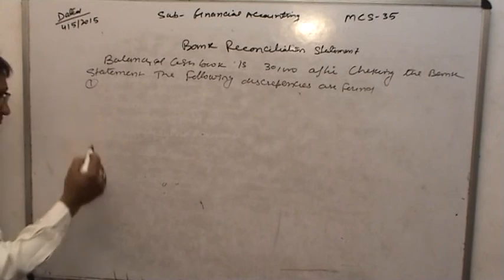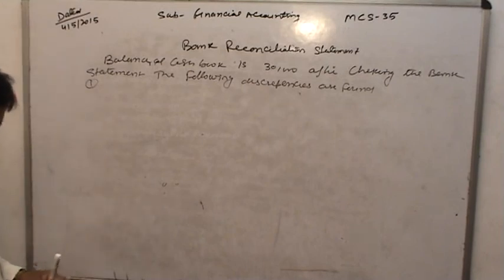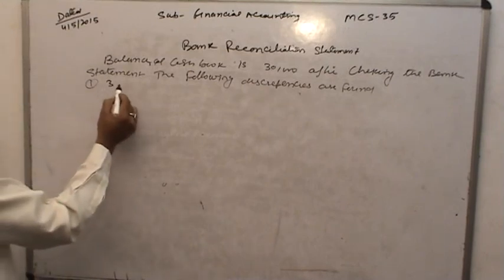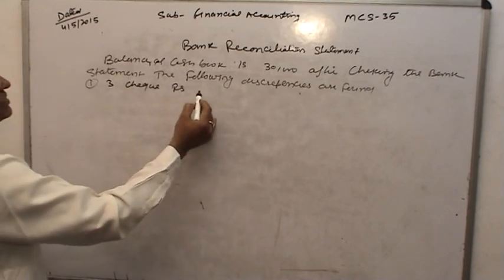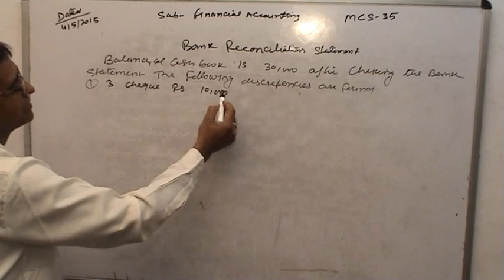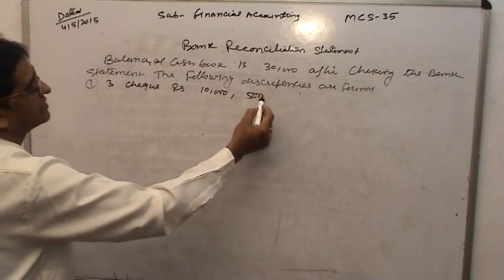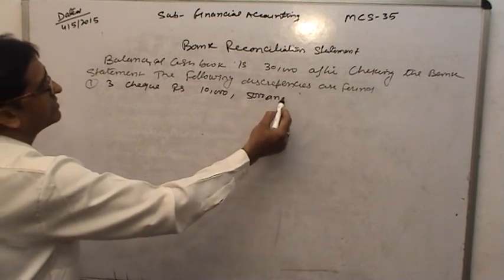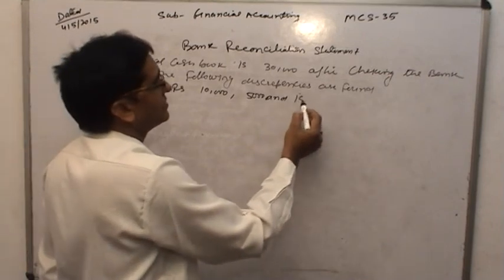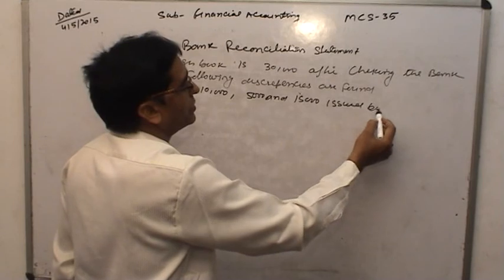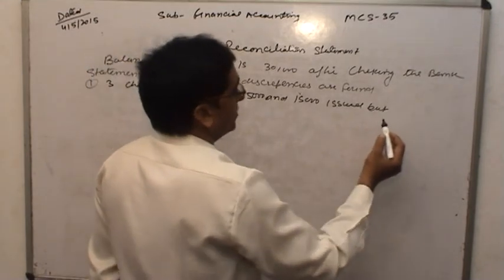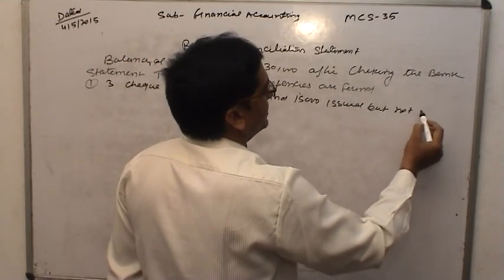Number one, 3 checks of rupees 10,000, 5,000 and 15,000 issued but not presented for payment.